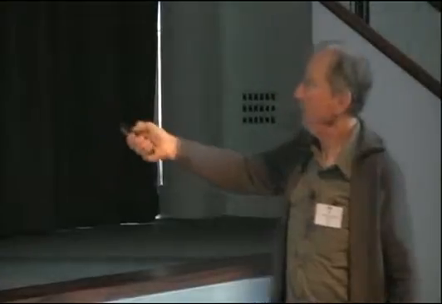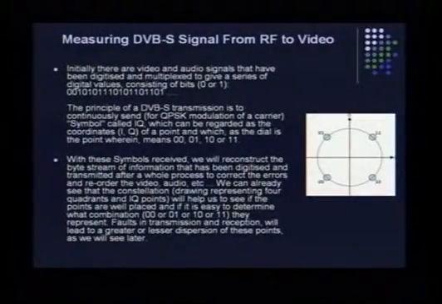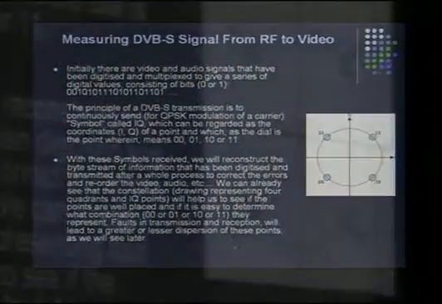Each IQ data is a symbol, and it corresponds to the coordinates of a point. If the point is in this quadrant, it is 1, 1. In this quadrant, it's 0, 1. In this, 0, 0. And this, 1, 0.